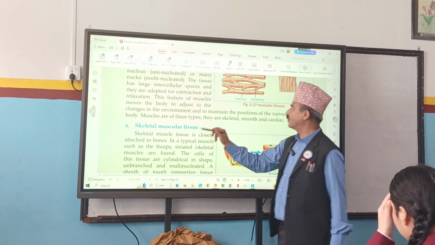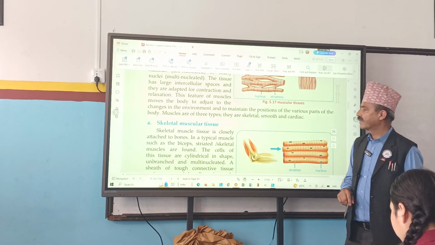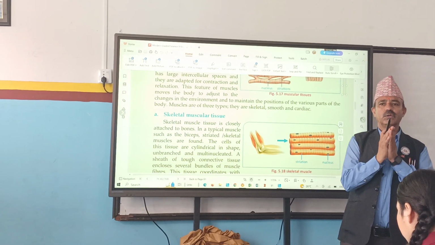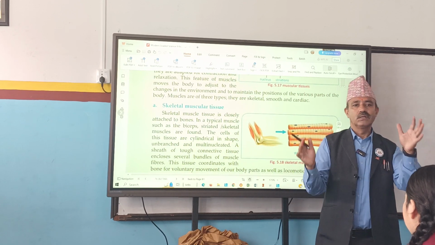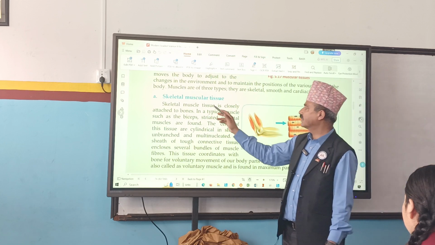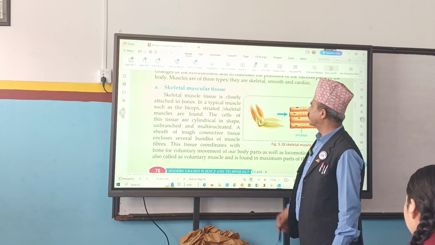So, skeletal muscular tissue. What does skeletal muscular tissue mean? It means those tissues which are attached to bones. Skeleton means framework of bones, right? So, those tissues which are connected to bones are called skeletal muscular tissues.